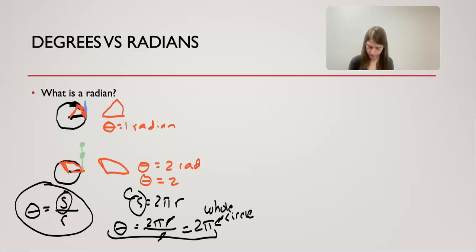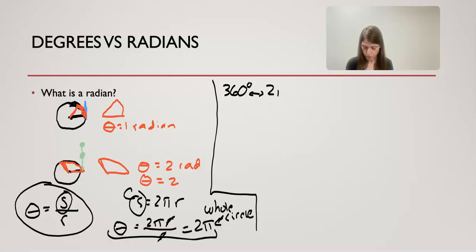So here, what we want to think about is trying to compare radians versus degrees. So I'm going to write some comparison up top, and then we'll look at another illustration. So if we had, maybe we'll squeeze it in here. If we had 360 degrees, this corresponds to 2 pi radians.